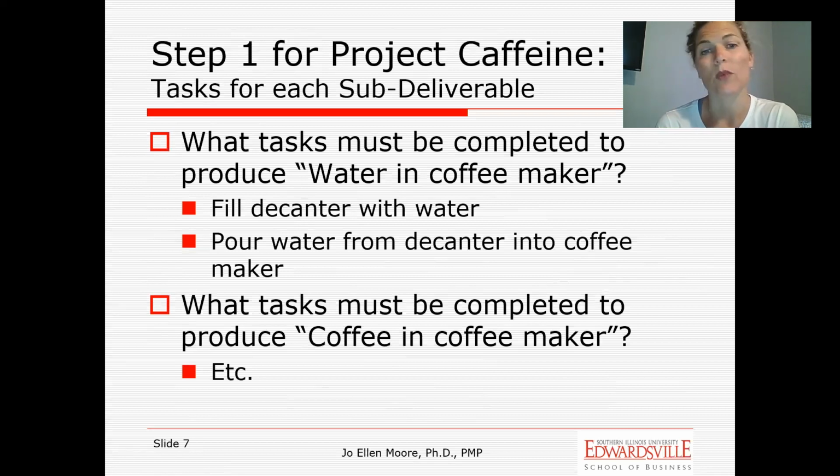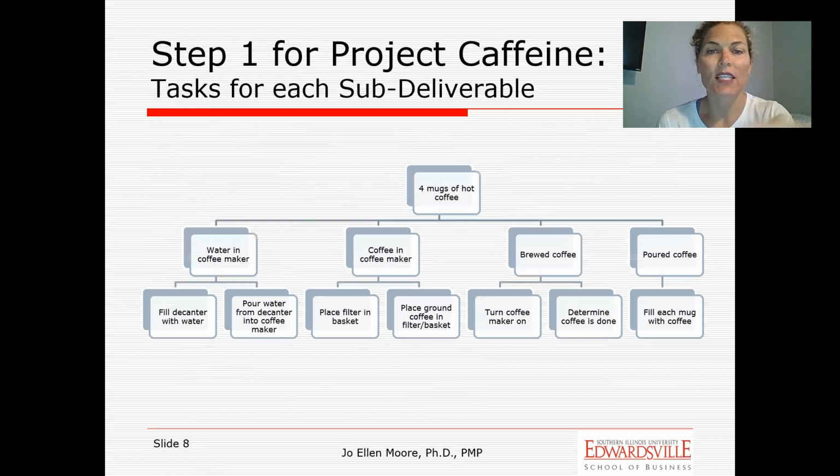Then you'd go on: what tasks must be completed to produce coffee in the coffee maker? And you would identify those tasks. You can see that our hierarchy here has another layer. We have the top layer, which is our final project. Then we have the 4 sub-deliverables that we identify.